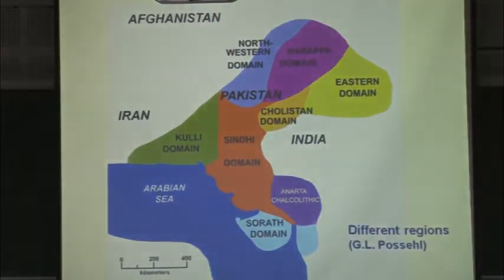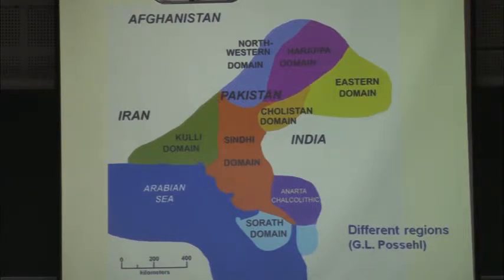This is something which we still lack a lot of data about, though some of the regional capitals, potential capitals, like of course Mohenjo-daro here, Harappa would be here. This would be Rakhigarhi, currently being excavated in Haryana. And in what is called Sorath, there would be Lothal, and Dholavira would be part of the Sindh region.